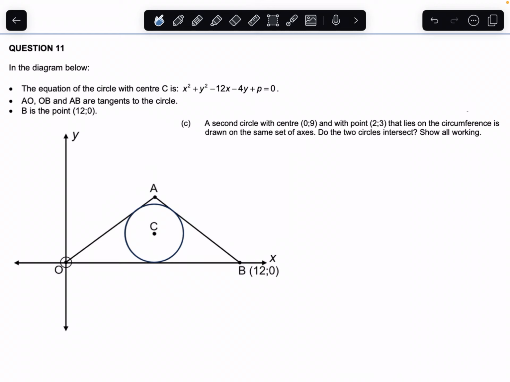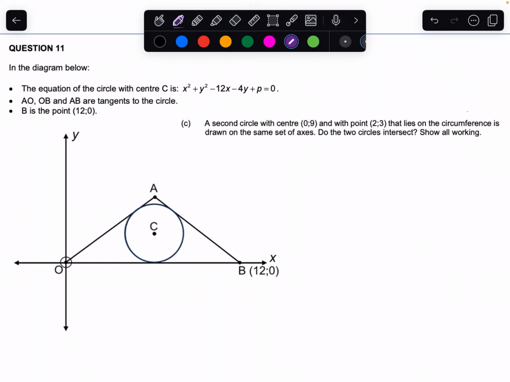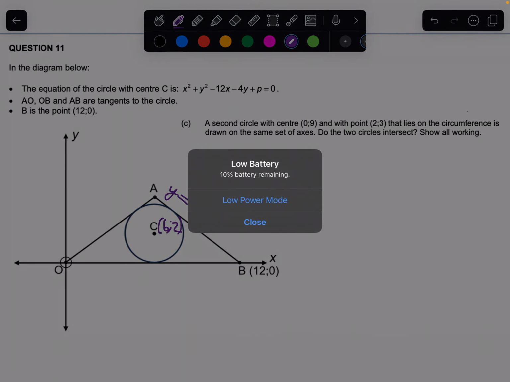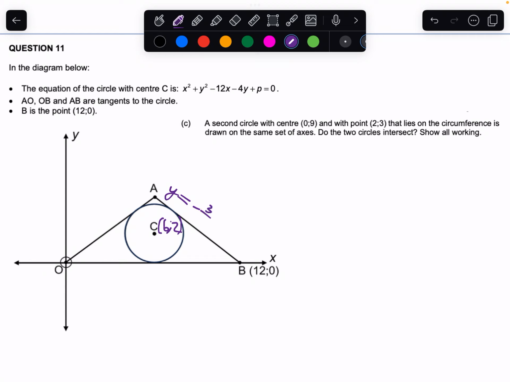Anyway, so we have a second circle with center. Okay, wait, I'm just going to write down this is 6, 2. And this is y is equal to, oh, battery is even fading on me. Okay, right, we have a second circle with center 0, 9. So that'll be, let's just say somewhere up here. Okay, right, which is the y-intercept of this line, if we were to extend it.